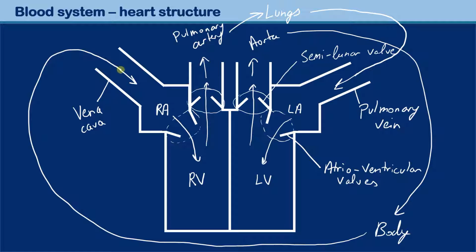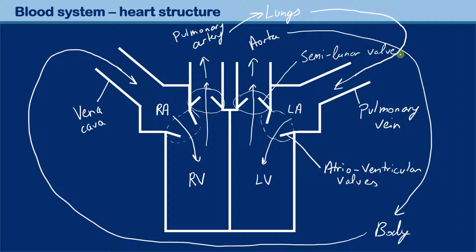and from the rest of the body back to the heart through the vena cava. And really important to understand here is that the artery over here carries deoxygenated blood. It carries blood of low oxygen content, even though it's an artery, because the oxygen yet has to be picked up at the lungs.